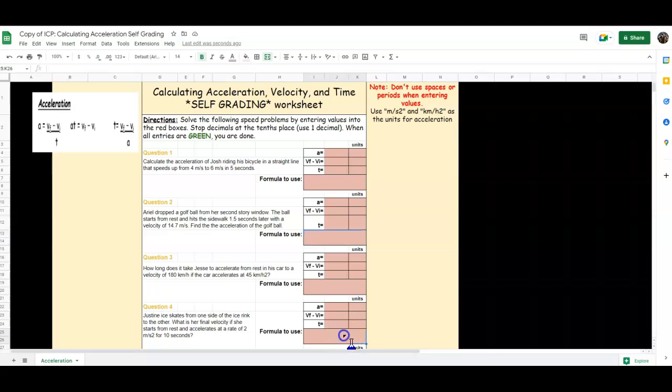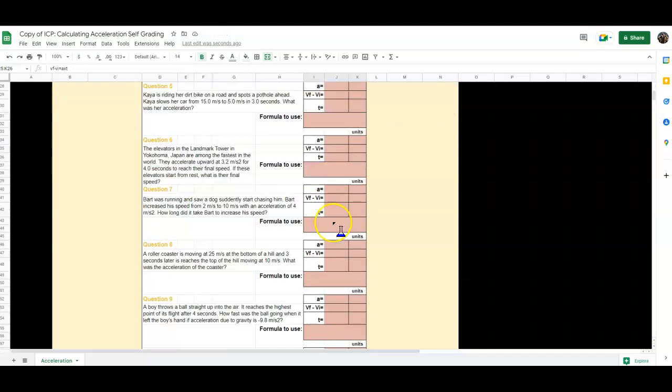To solve for velocity up here, the formula is written in this way, but since we're actually finding velocity, you would type it in like this: VF minus VI is equal to AT. In order for this to go green, you want to put the multiplication symbol in there, then it'll turn green. You can either use the star as the multiplication symbol or the X as the multiplication symbol. Those are the ways to ensure that your entire sheet goes green.